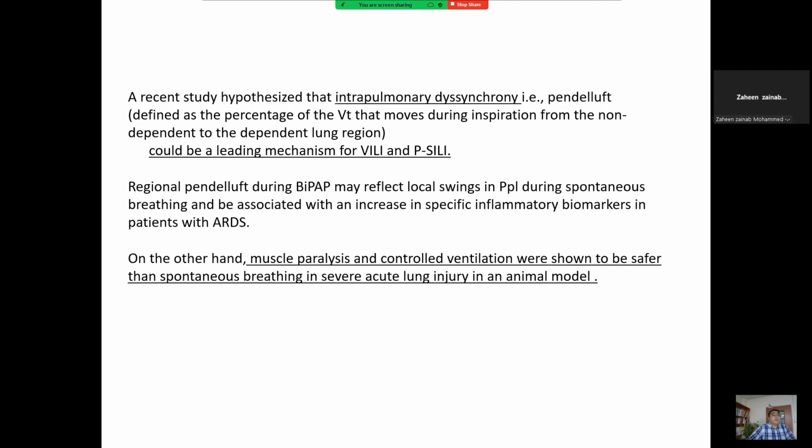Regional pendelluft during a pipe-up may reflect local swing in pulmonary pressure during spontaneous breathing and be associated with an increase in specific inflammatory biomarkers in patients with ARDS. On the other hand, muscle paralysis and controlled ventilation were shown to be safer than spontaneous breathing in severe acute lung injury in an animal model.